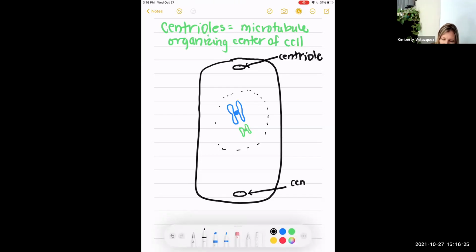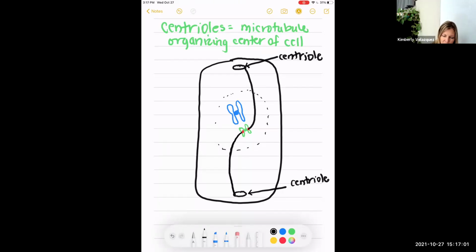There have to be two, because from these centrioles, these microtubules are going to emerge, and those microtubules are going to attach to the kinetochores on each of these chromosomes, and they're going to attach in such a way that one sister chromatid is attached to microtubules from one end of the cell, and the other is attached to microtubules from the other end of the cell.